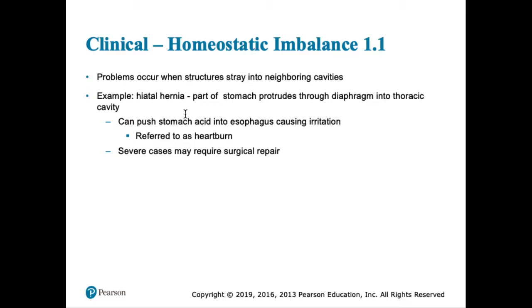Stomach acid is equivalent to hydrochloric acid. It has a pH of about 2. It's very, very acidic. Your stomach can maintain that acid. It's designed that way. It has a mucus layer that is impenetrable to hydrochloric acid. But if some of that stomach protrudes through the diaphragm into the thoracic cavity, all of a sudden this hydrochloric acid and these digestive enzymes are in an area where they shouldn't be.